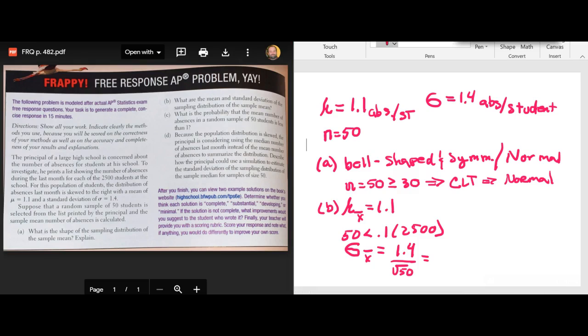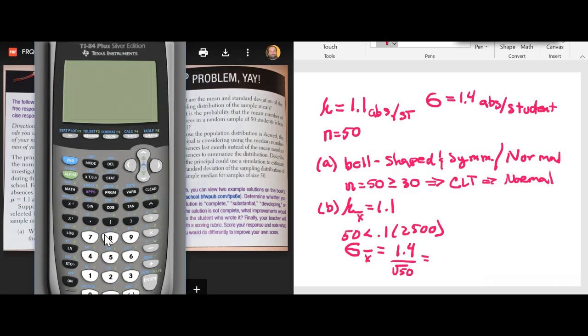So I go grab my calculator, right? I want to clear everything out here because that's just fair to you guys to see this from the ground up. So this is 1.4 divided by the square root of the sample size, which is going to give me approximately 0.198.